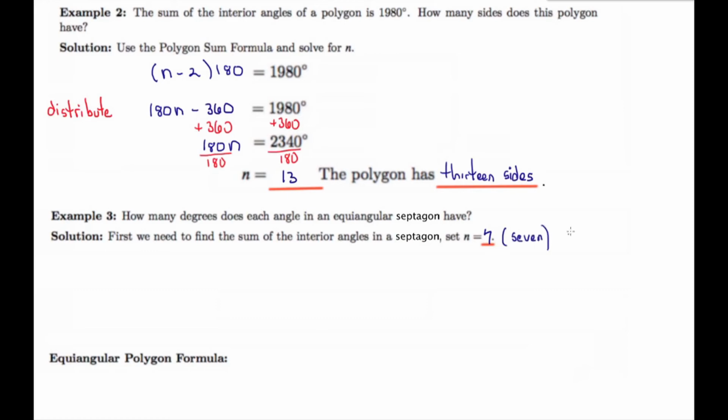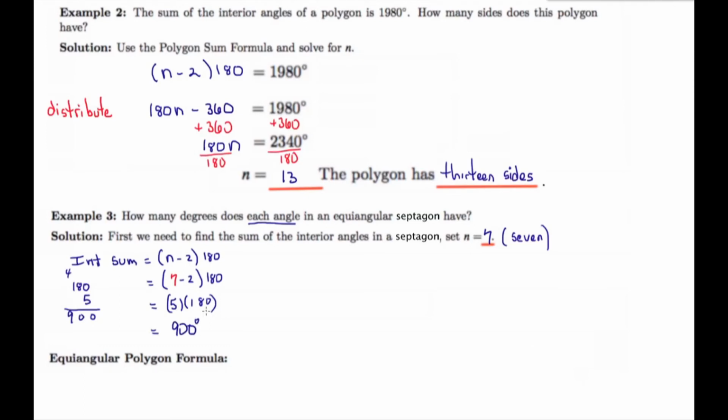Example 3, how many degrees does each angle in an equilateral septagon have? Well, a septagon is a polygon with 7 sides. So I can use the interior sum formula, substitute 7 for n, and solve. So 5 times 180 is 900. But I want to solve for one of the interior angles. So if I know the interior sum, and I know that it's equiangular, or a regular polygon, I can divide it by the number of sides, which in this case is 7.